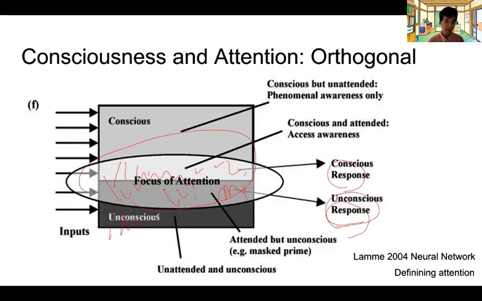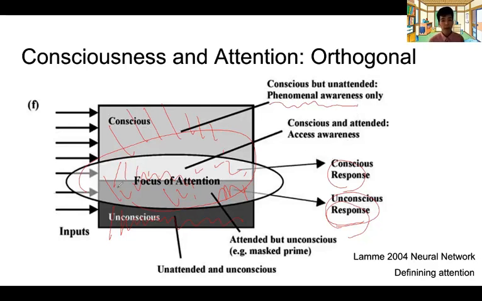And then other parts here, for example, are not really available for consciousness and also unattended. The other part here is actually experienced and phenomenally aware, and this is something that we will talk about next week, but it's not really enhanced or selected, amplified by attention.